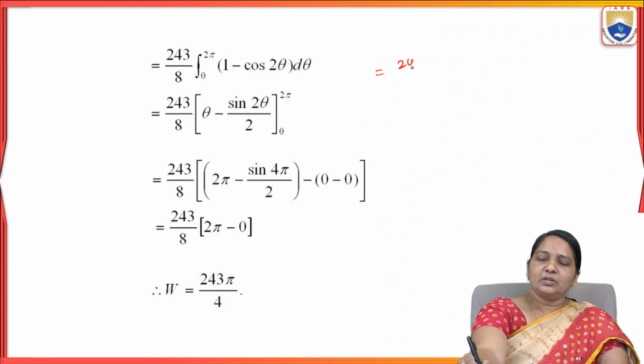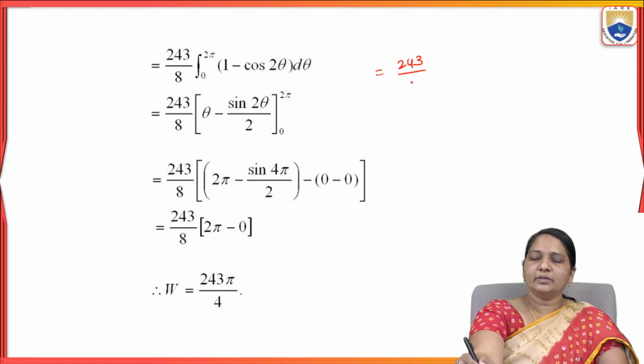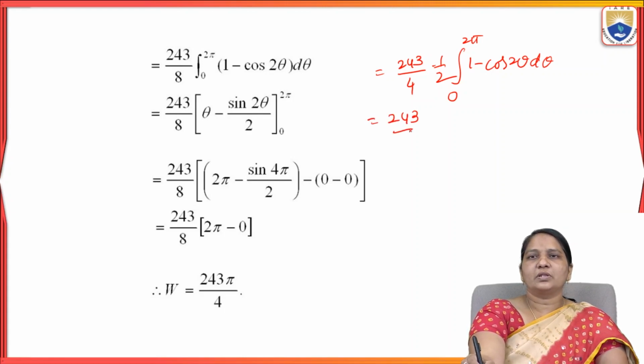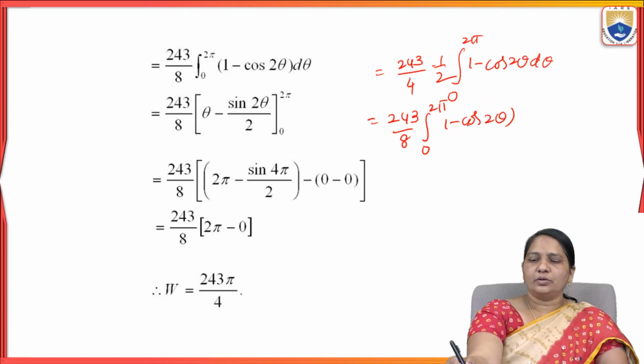So 243 by 4 and 1 by 2 is the constant, taking out integral 0 to 2 pi of 1 minus cos 2 theta into d theta. So finally this constant is 243 by 8.